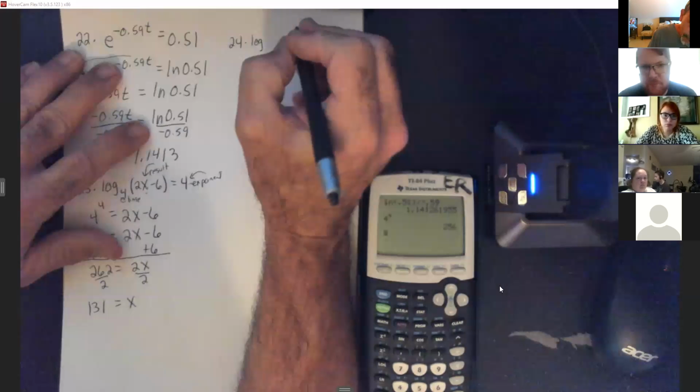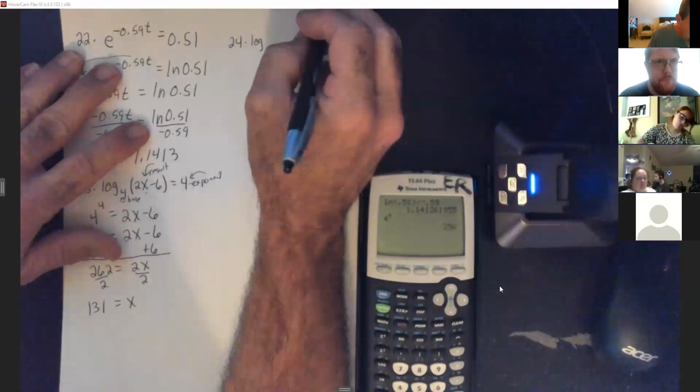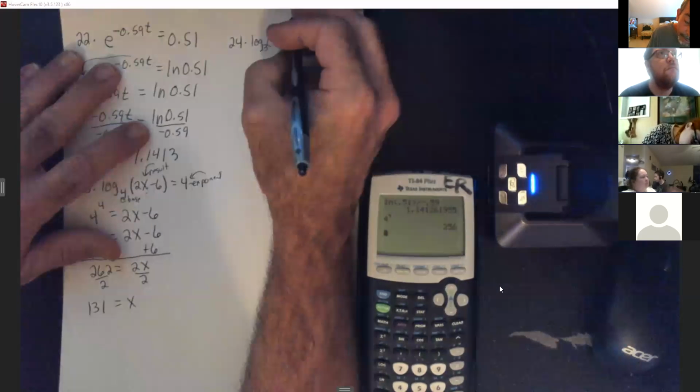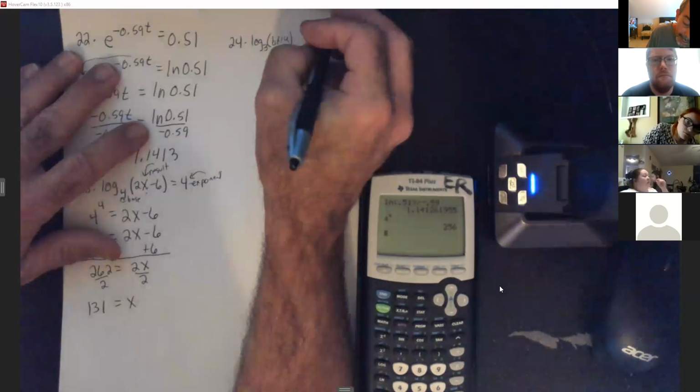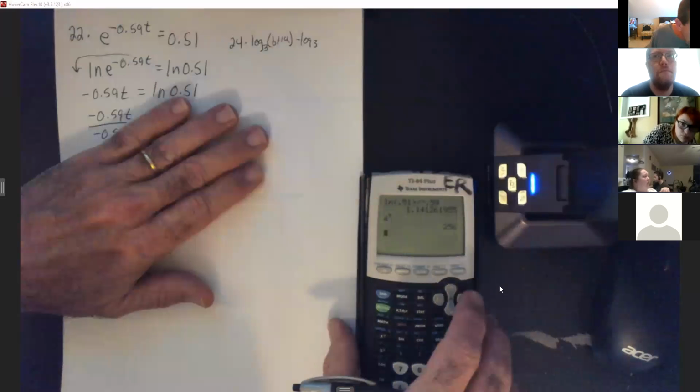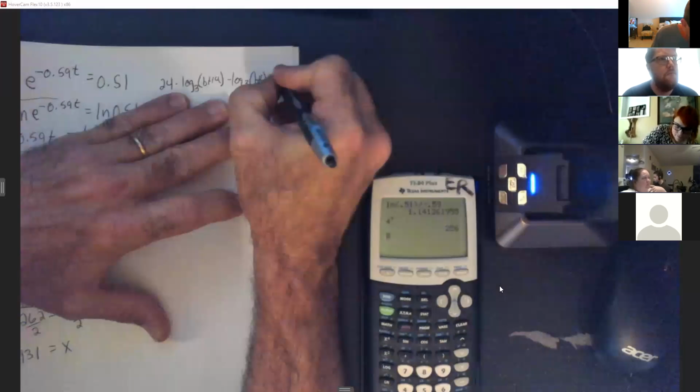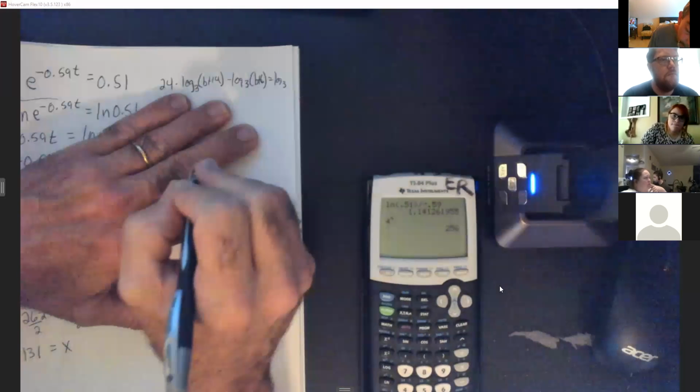All right, y'all. Log base 3 of b plus 14 minus log base 3 of b plus 6 equals a log base 3 of ab.